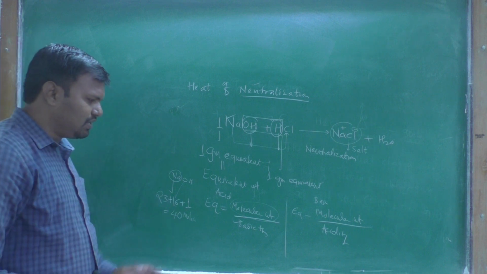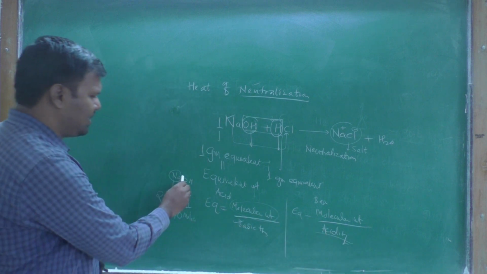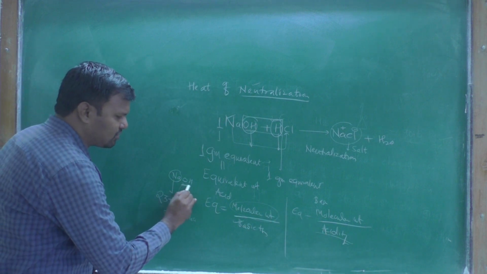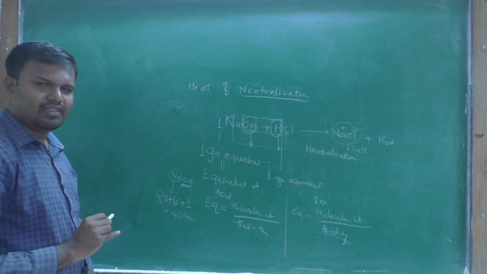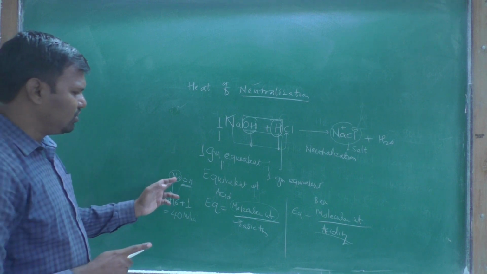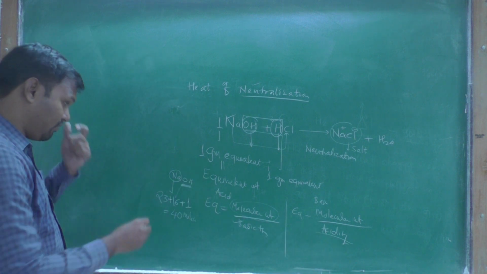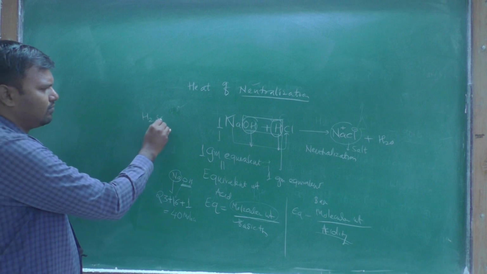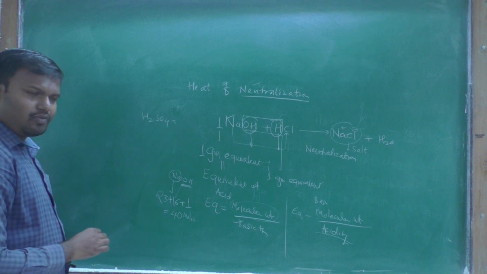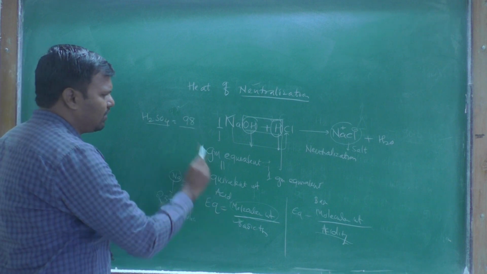And then acidity of this base is defined as the number of OH. If OH is twice in quantity, then acidity will be 2. For H2SO4, molecular weight is 98.